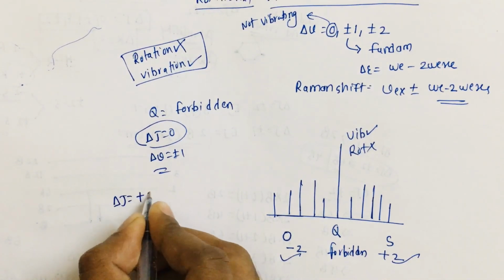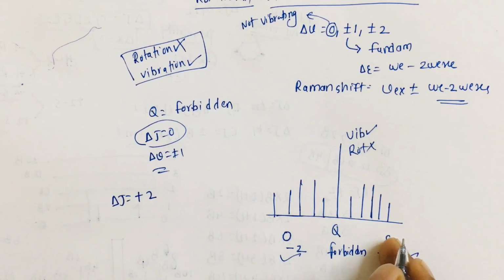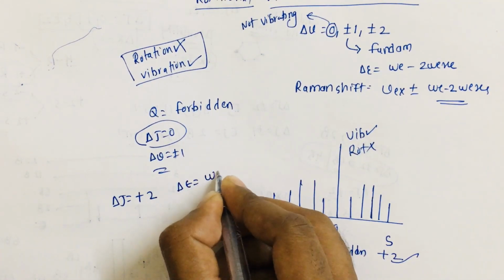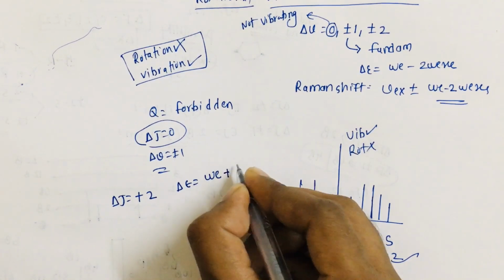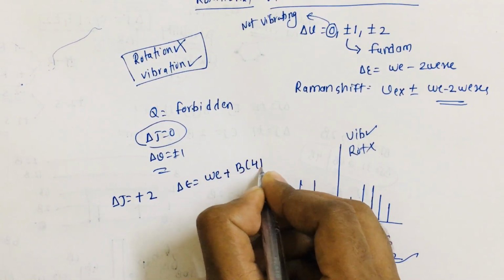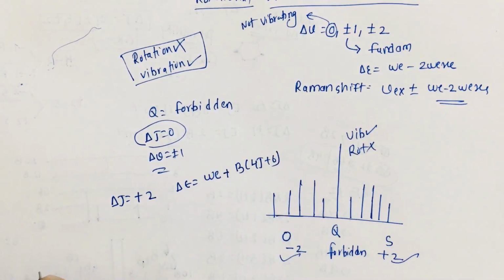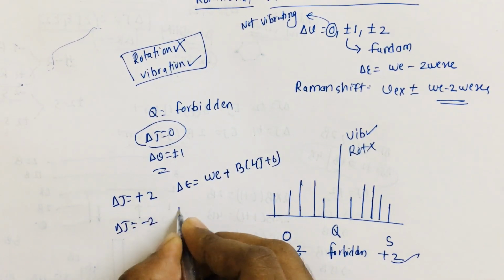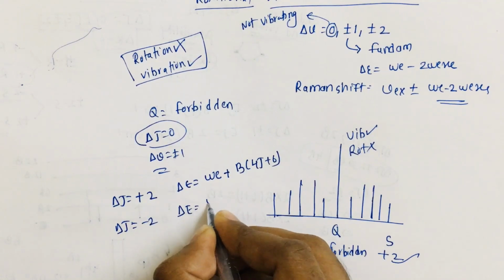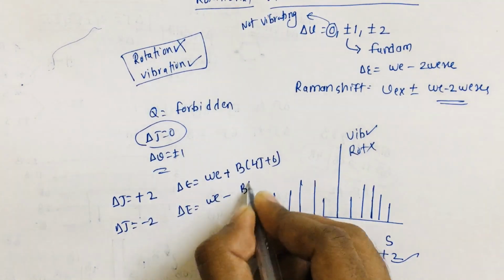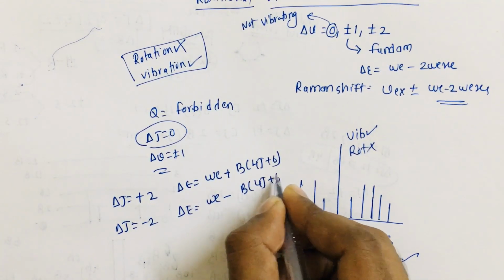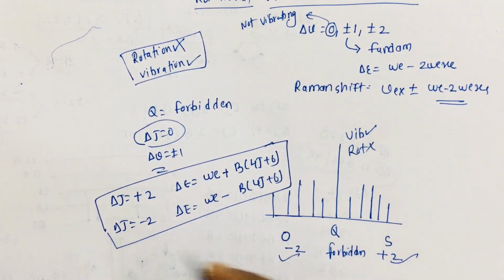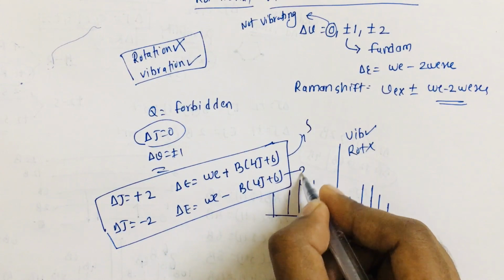If delta J equals plus 2, that is the S band, delta E equals W plus B(4J plus 6). This is for S lines. And when delta J equals minus 2, delta E equals W minus B(4J plus 6). This is for the O line.